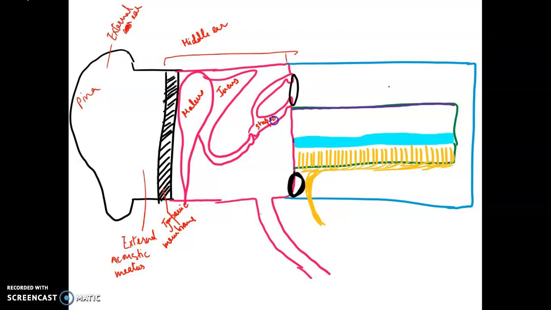These are the three smallest bones of the body. The middle ear is associated with the pharynx by the eustachian tube. The eustachian tube actually helps equalize pressure inside and outside the body.